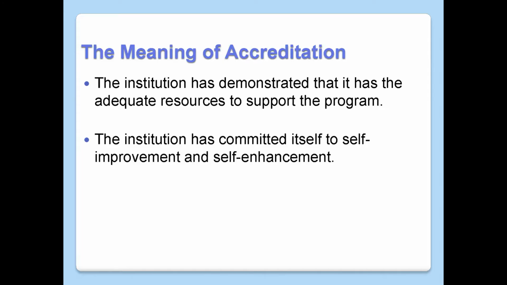Also, the meaning of accreditation means the institution has demonstrated that its educational programs possess a satisfactory level of quality. It's a stamp of approval, if you will. Further, the institution has demonstrated that it has the adequate resources to support the program. This one is a huge one. Adequate resources.